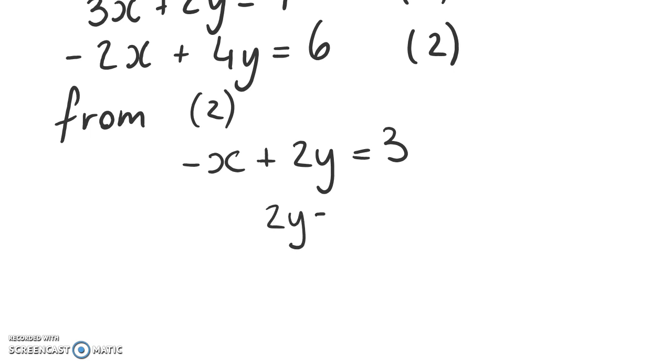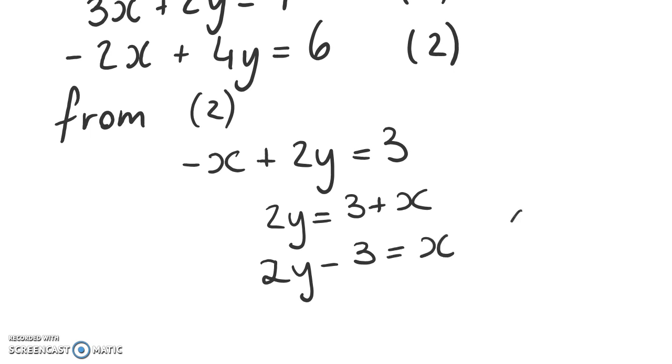We get 2y = 3 + x. And then we'll shift the 3 back over the other side, so we have 2y - 3 = x. We can call this 2a if we'd like.